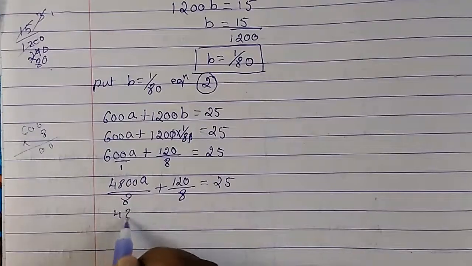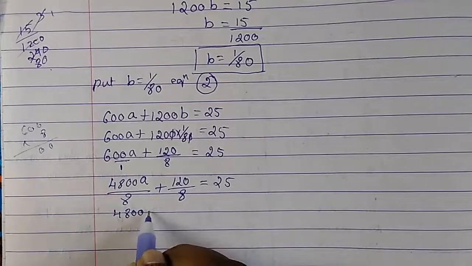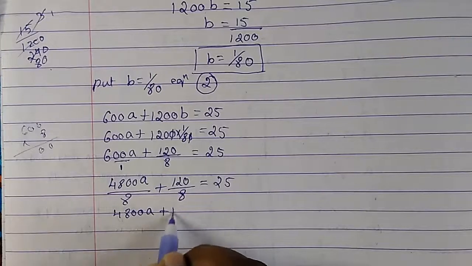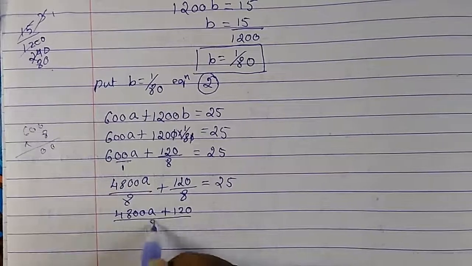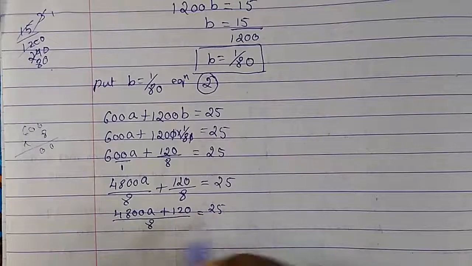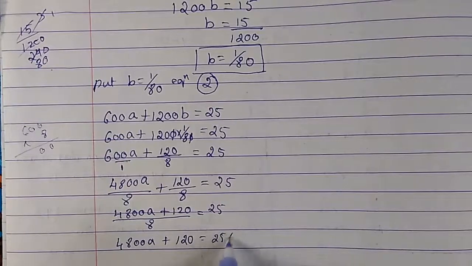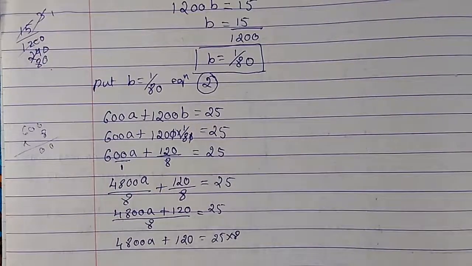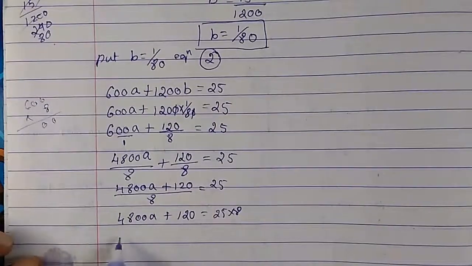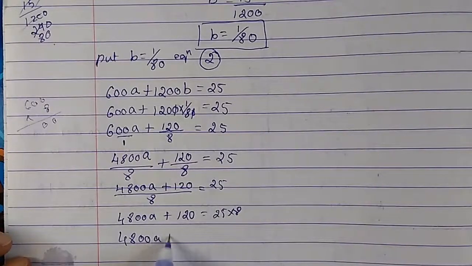Now this 8 is in common. So it will be 4800a plus 120 with common 8 in the denominator. So let's bring that 8 to this side. So 4800a plus 120 equal to 25 into 8. So now when you multiply, we'll get 4800a plus 120 equal to 200.